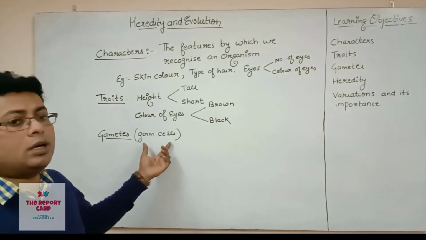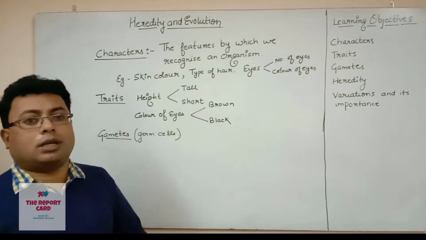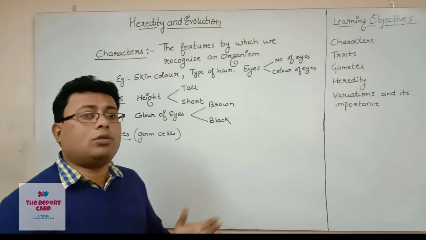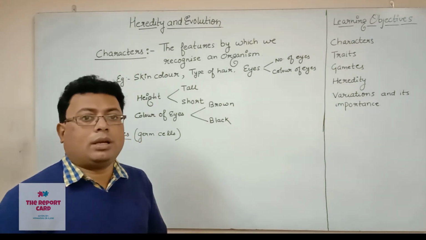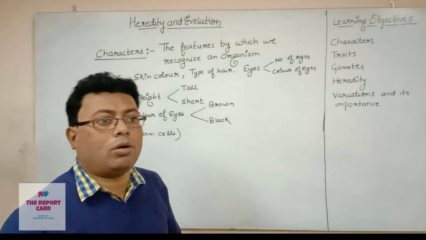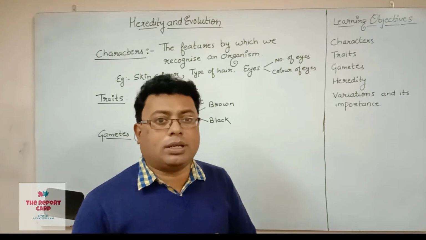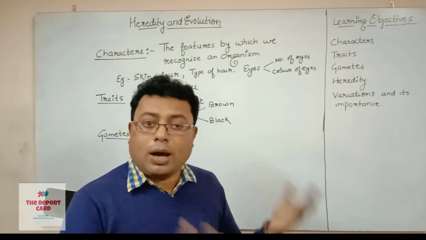But they are a very special type of cell and very different from all the other cells of our body. And these gametes are found in our reproductive organs. They are found in the testes and ovaries in animals, and in stamens and carpel in plants.